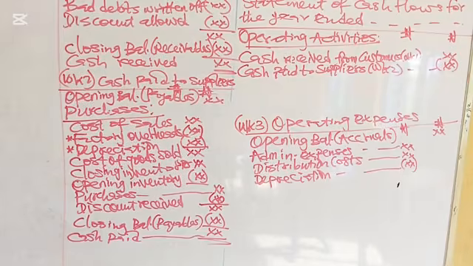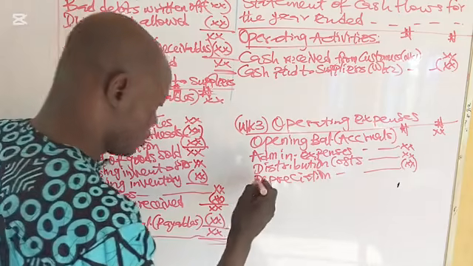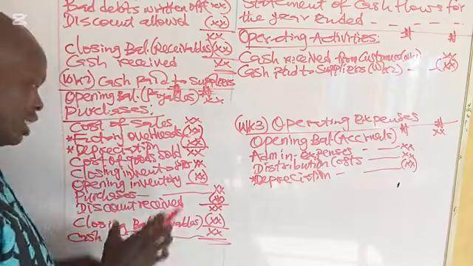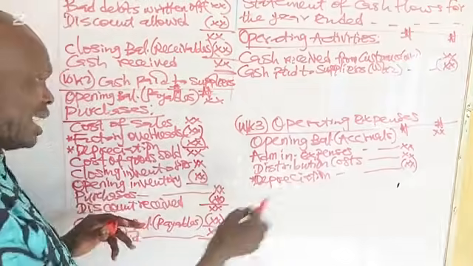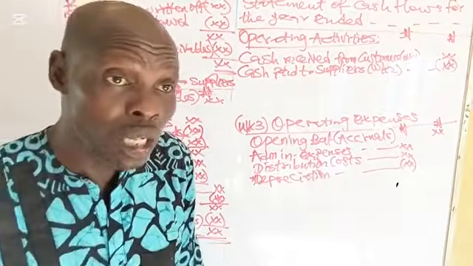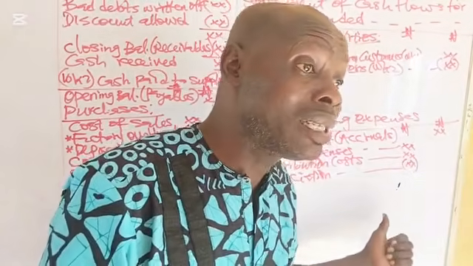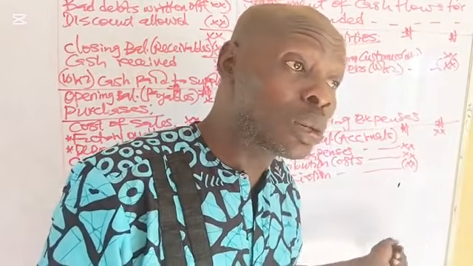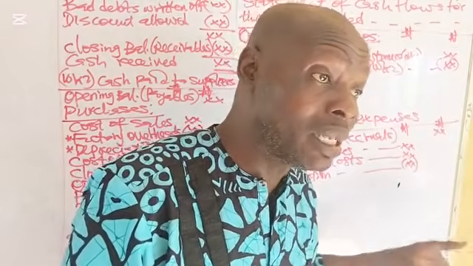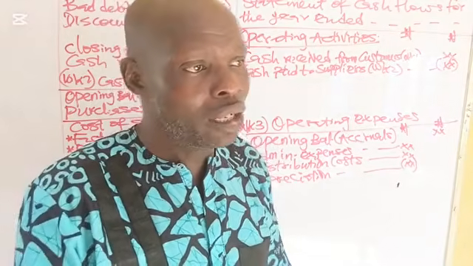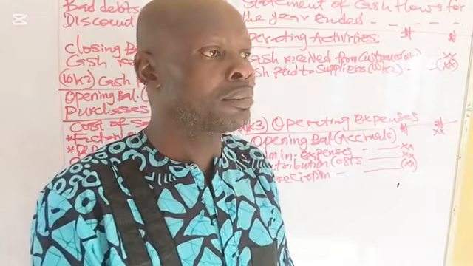So it is the depreciation that has been included in either admin or distribution expenses that we are subtracting here. So don't think the same depreciation will be here and there. If you understood the principle, it is the one that goes to admin or distribution that is to be removed from distribution or admin.